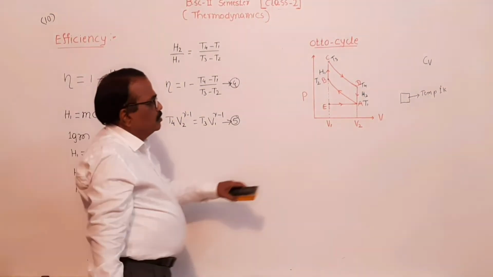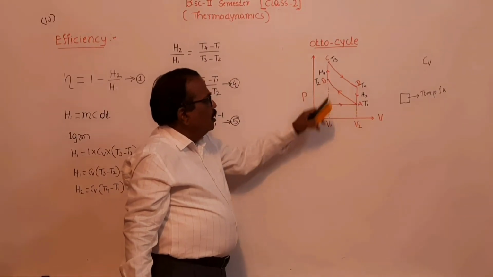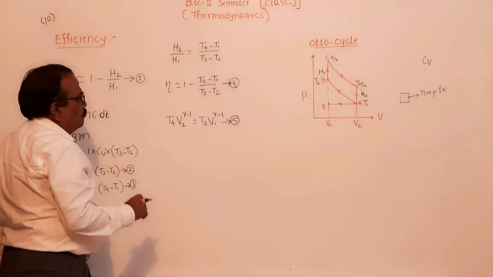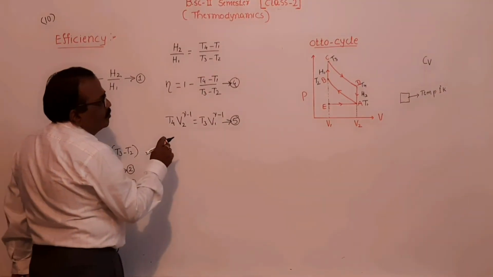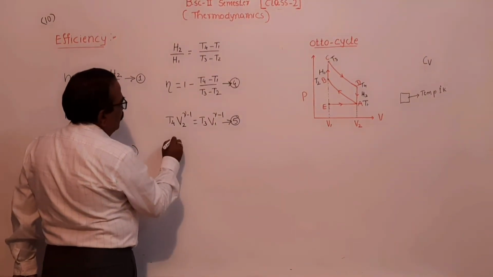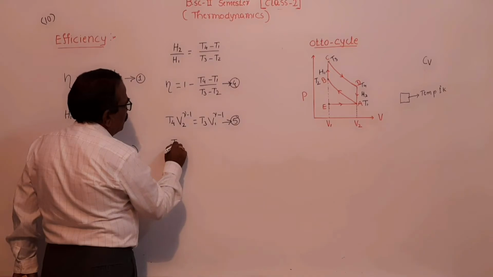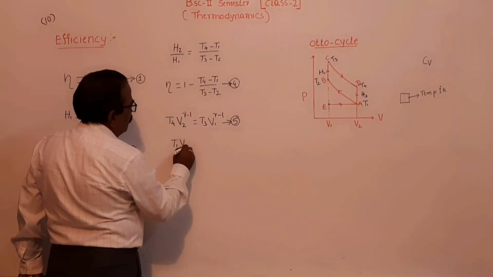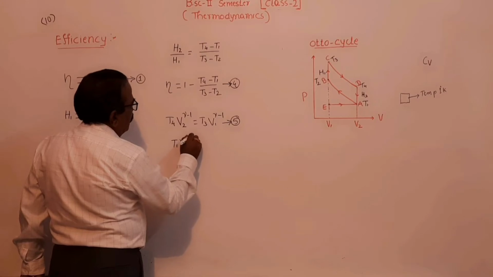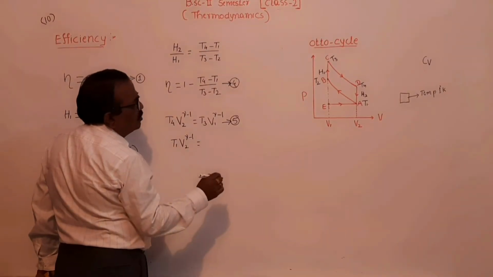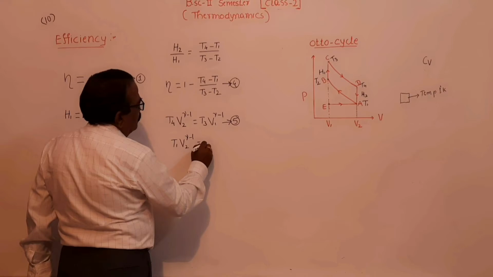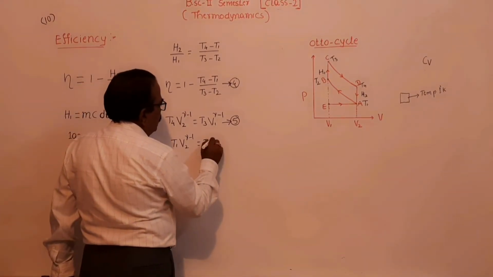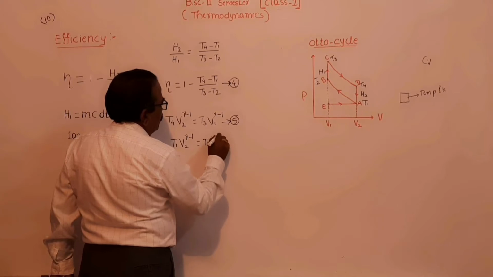And similarly at points A and B, T1 V2 to the power nu minus 1 is equal to T2 V1 to the power nu minus 1.